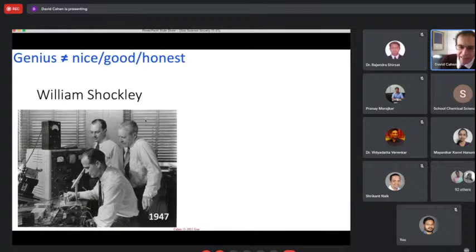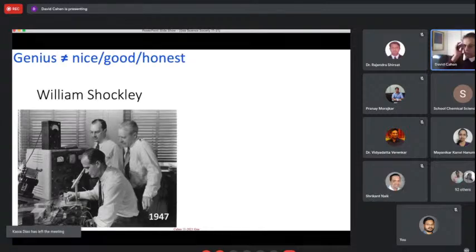He's shown here with John Bardeen and Walter Brattain on this PR picture of Bell Laboratories, of the first transistor, which was built by Walter Brattain and conceived by John Bardeen. Shockley was their boss. And it was very hard for him to swallow that these two guys that worked under him had beaten him to get the first transistor. It was the point contact transistor.